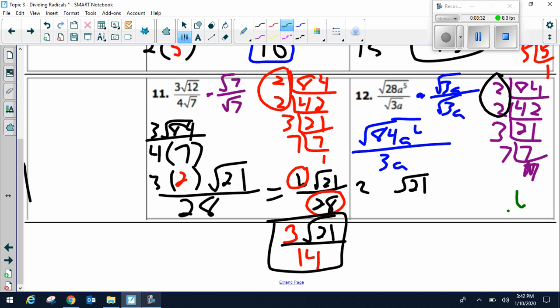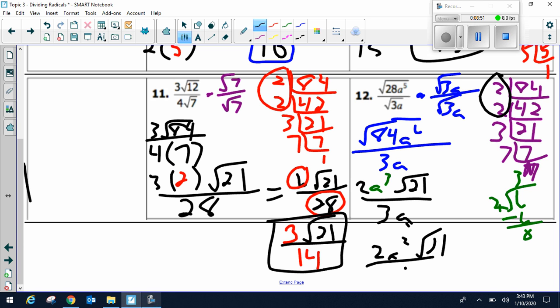So 2 goes into 6 3 times with a remainder of 0, which means all 3 a's come out. Remember, it's over 3a. And you can simplify the a's to get 2a squared, square root of 21 over 3.